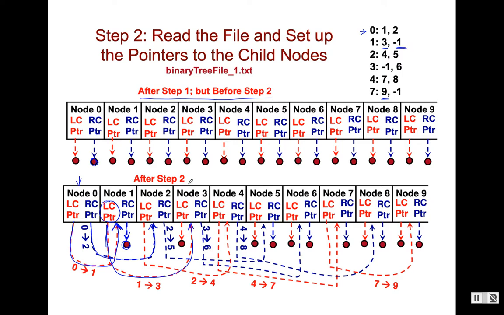So after step 2 we are going to store all the information of the left child and right child. Each left child and each right child is now going to store the associated node information.